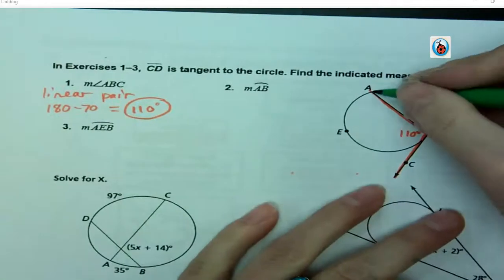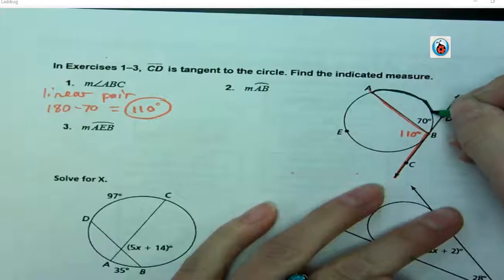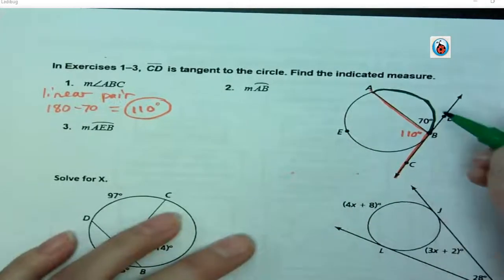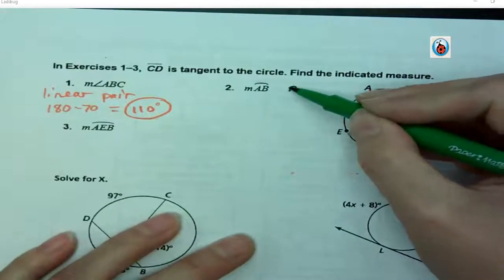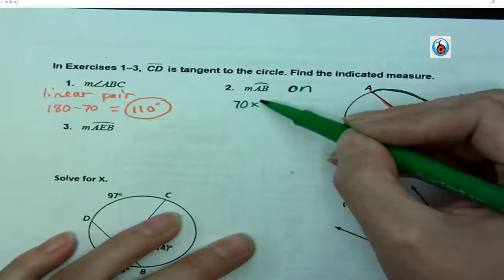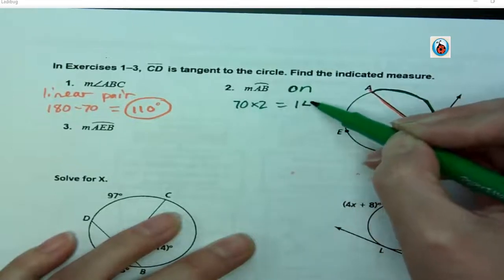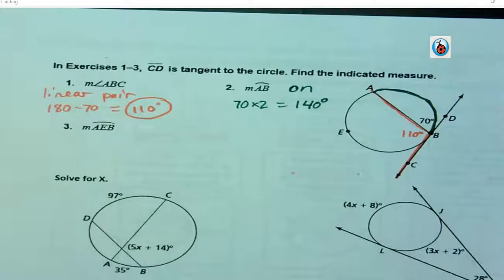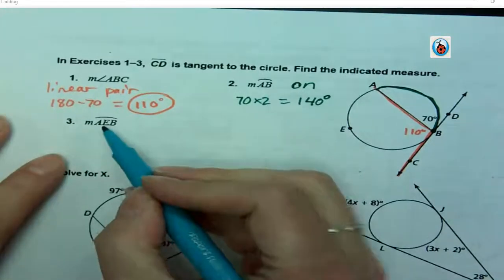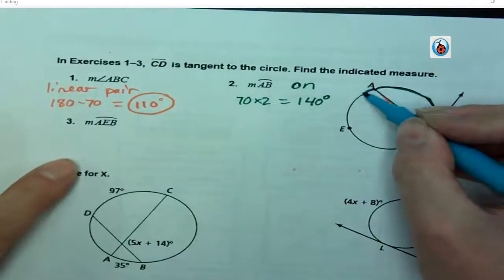So arc AB goes along the outside here. Again, I start from the 70, and it's on the circle. And so I just take my angle times 2 to get an arc of 140. And then last of all, it asks me to find arc ABE.